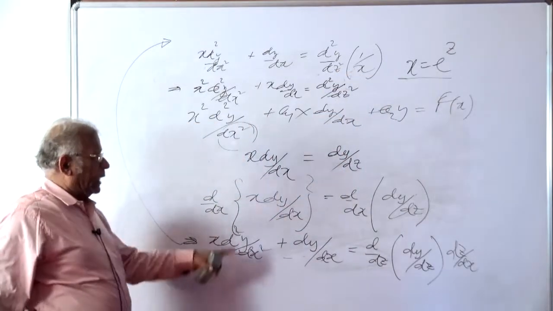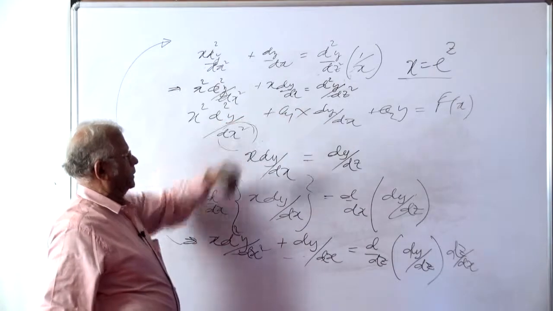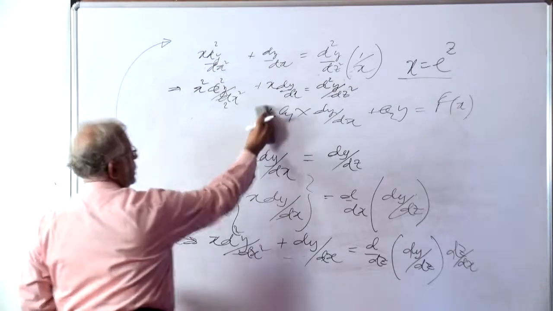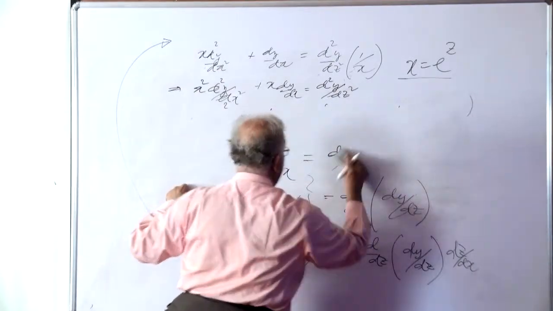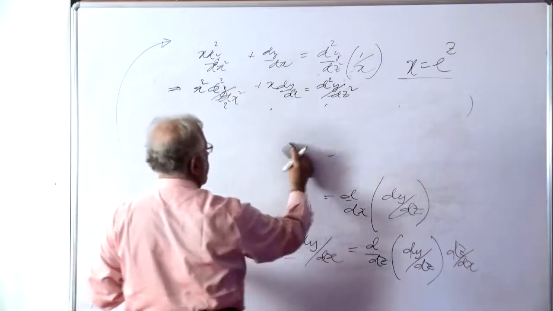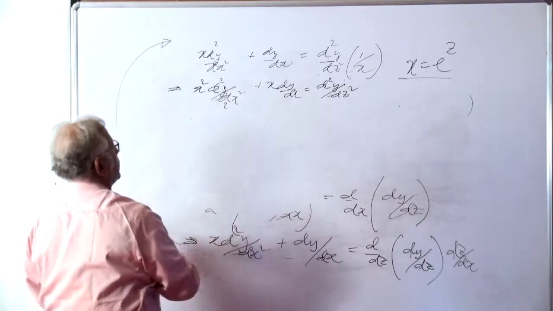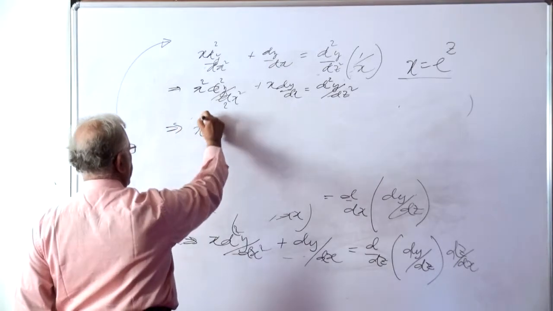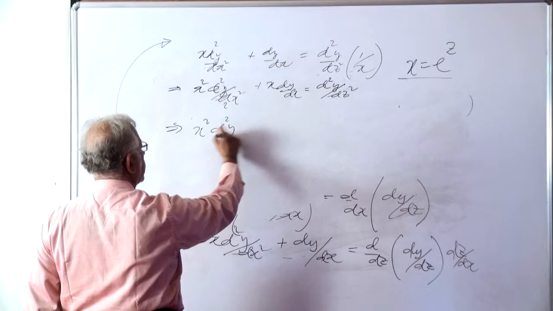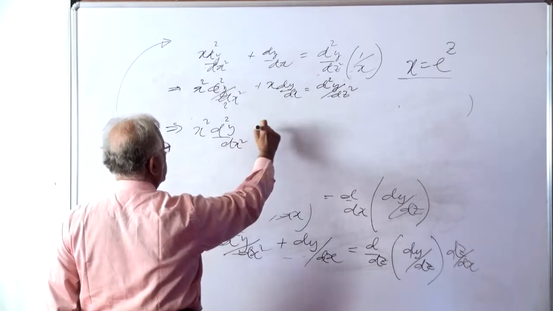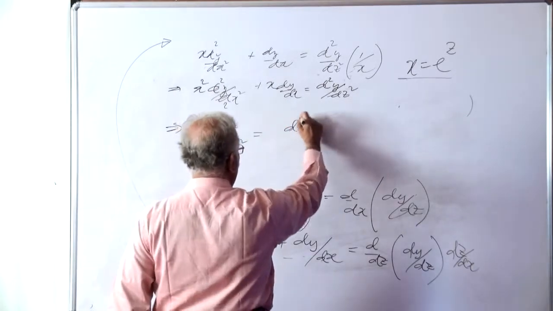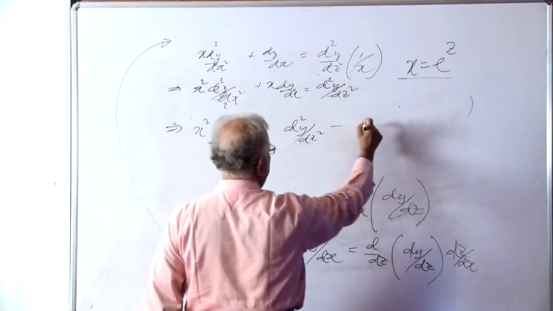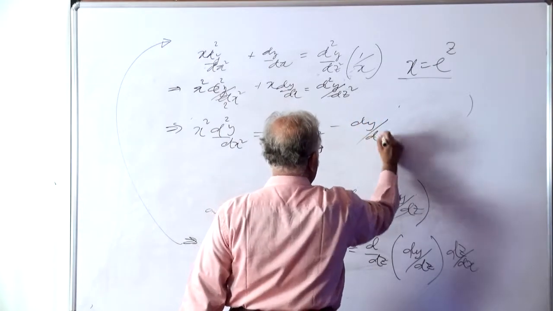Now, we know that x dy dx is nothing but dy dz. So, for a while we just buy a little bit of space by rubbing out the equation. We carry on here. In fact, we can rub out this part as well. So, this implies that x square d2y dx2 is nothing but d2y dz2 minus dy dz.